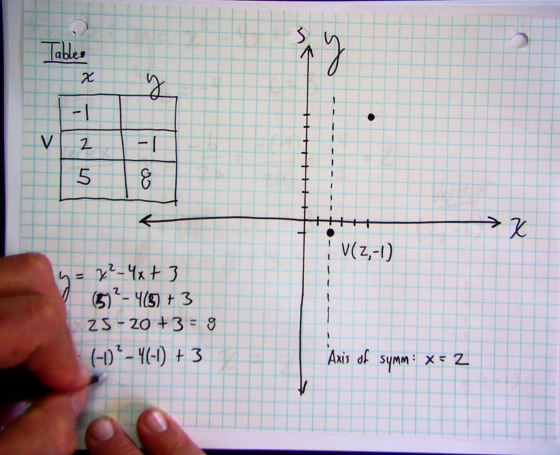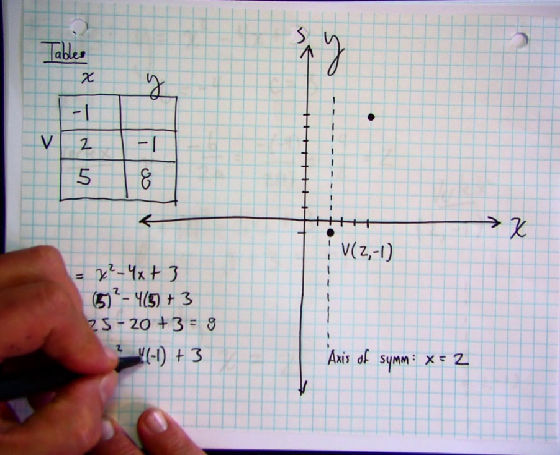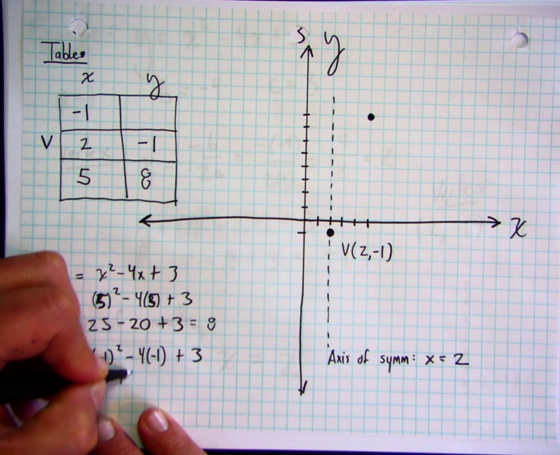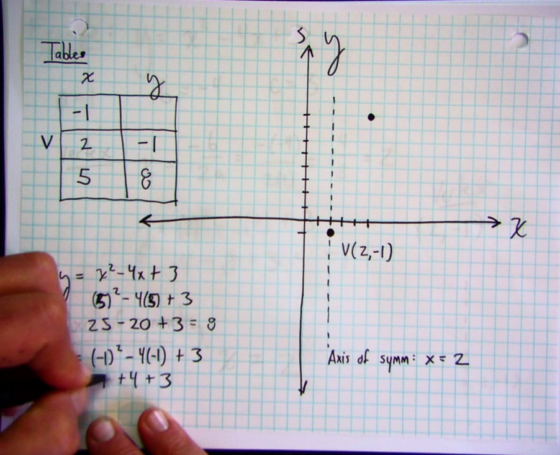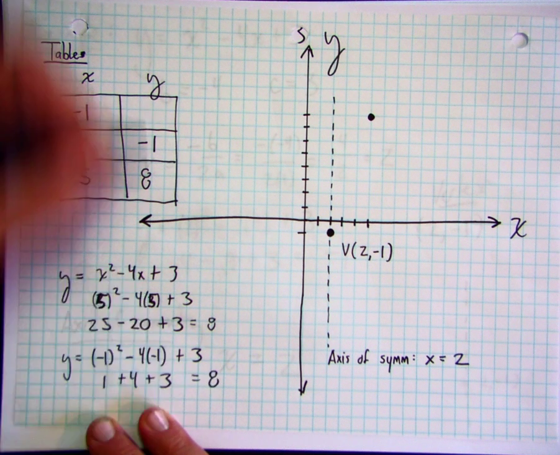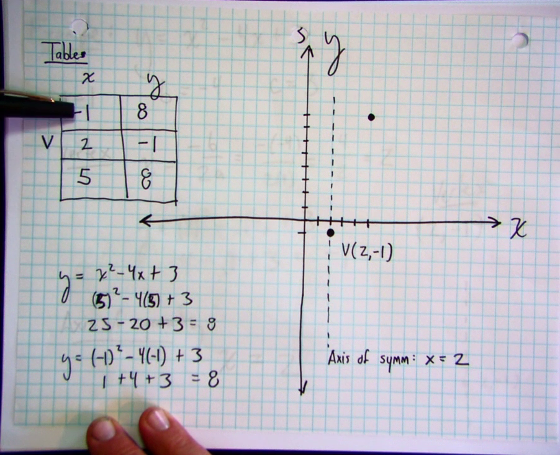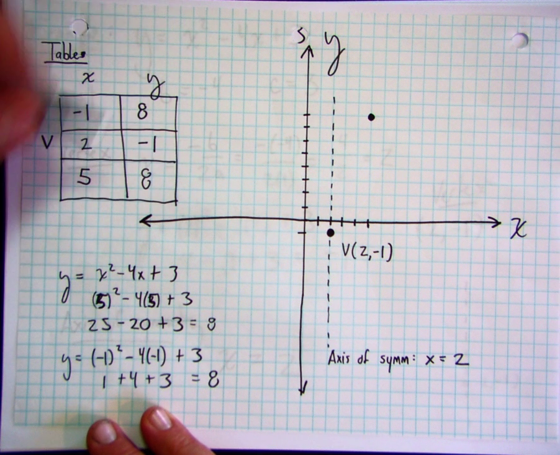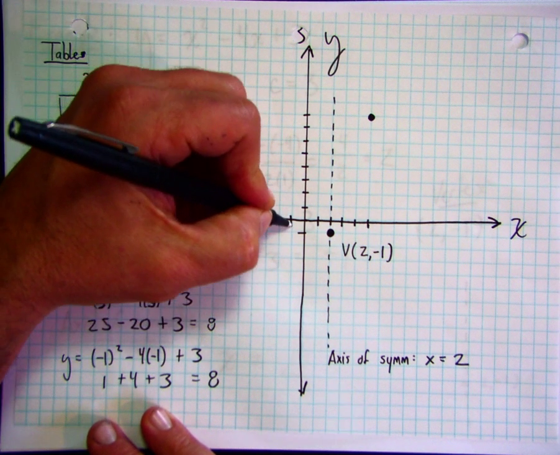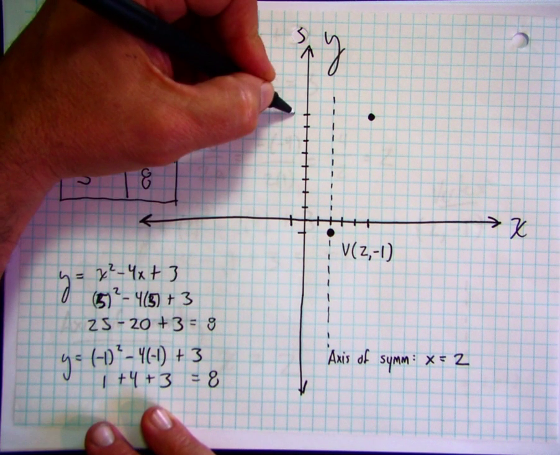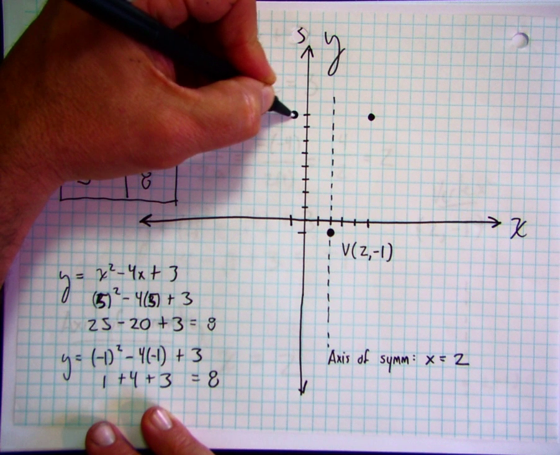Minus 1 squared is 1, minus 4 times minus 1 is a positive 4, plus 3 is 8 as well. That's always going to work. If you choose an x value that's the same distance away from the vertex as the second x value, but in the negative direction, then the y's will be exactly the same. So let's graph that: minus 1, and 8 again, right there.